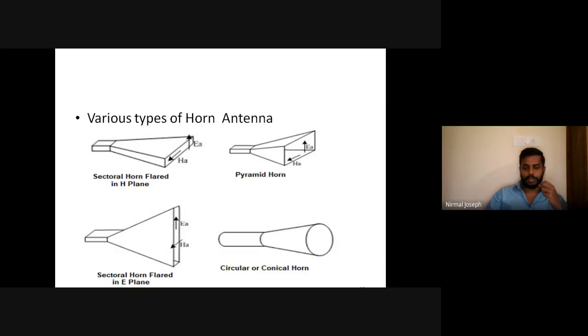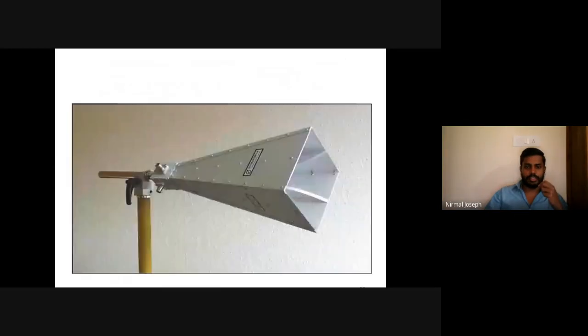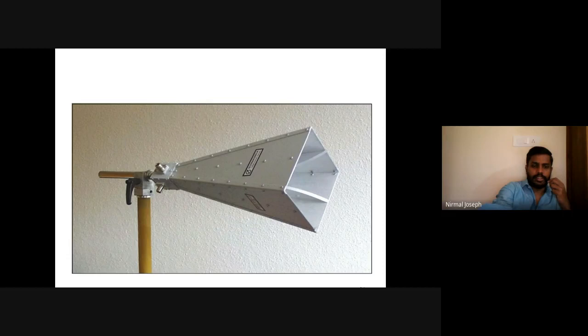Now I will show you the basic pictures. So this is a basic horn antenna. You can see the waveguide here. The wave was coming through the waveguide, and from here it opened up gradually.